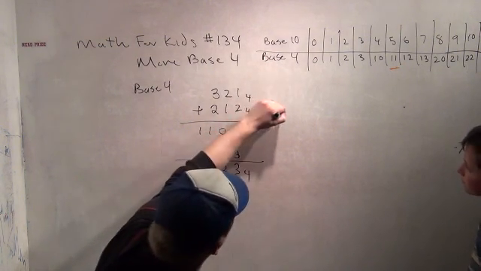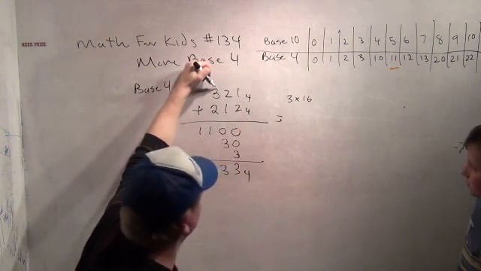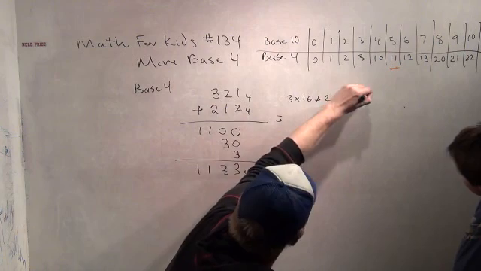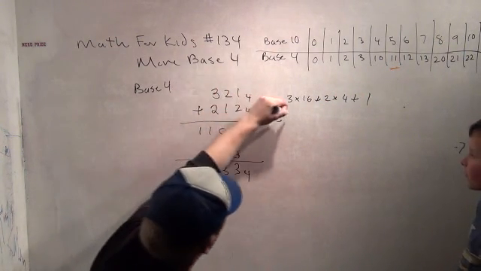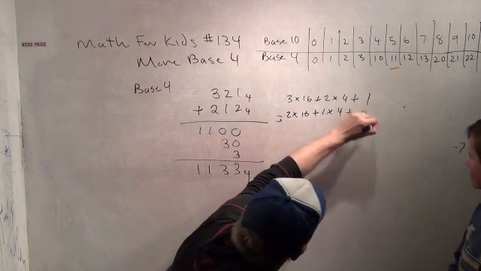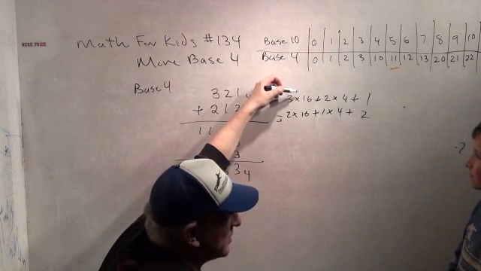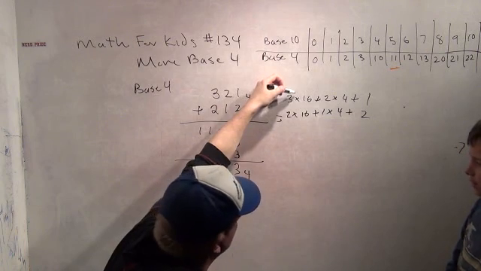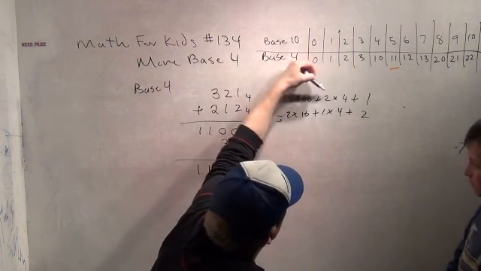Okay, so let's check. This is 3 times 16, right? That's the 4 squared, plus 2 times 4, plus 1. And this is what? What is this number equal to? It's 2 times 16 plus 1 times 4 plus 2 times 1. Okay. So, all in all, this top number here, what's 3 times 16? Is 48. 48 plus 8 is 56. 57.